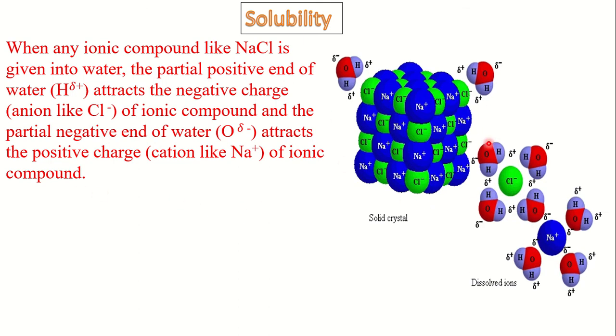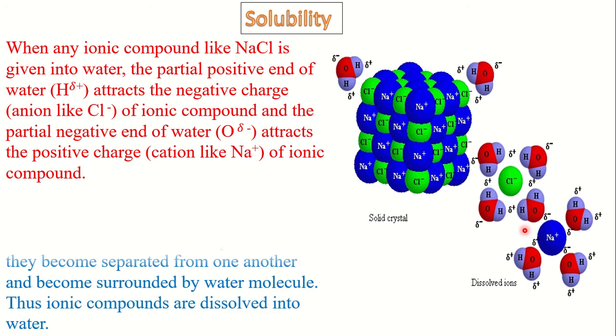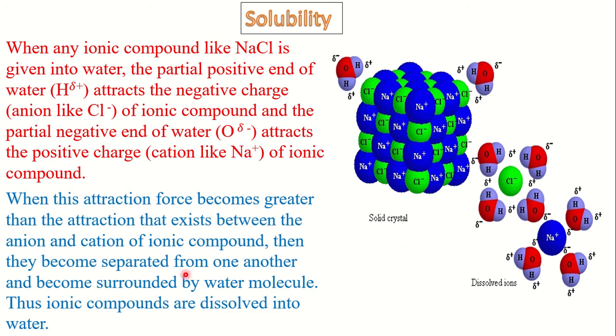Look like this. When sodium chloride is given into water, the chloride ion is attracted by the partially positive charge of water, that means hydrogen, and the sodium ion is attracted by the partially negative charge of water, that means oxygen. Now, when this attraction becomes greater than the attraction between the anion and cation of the ionic compound, then they become separated from one another and become surrounded by water molecules.